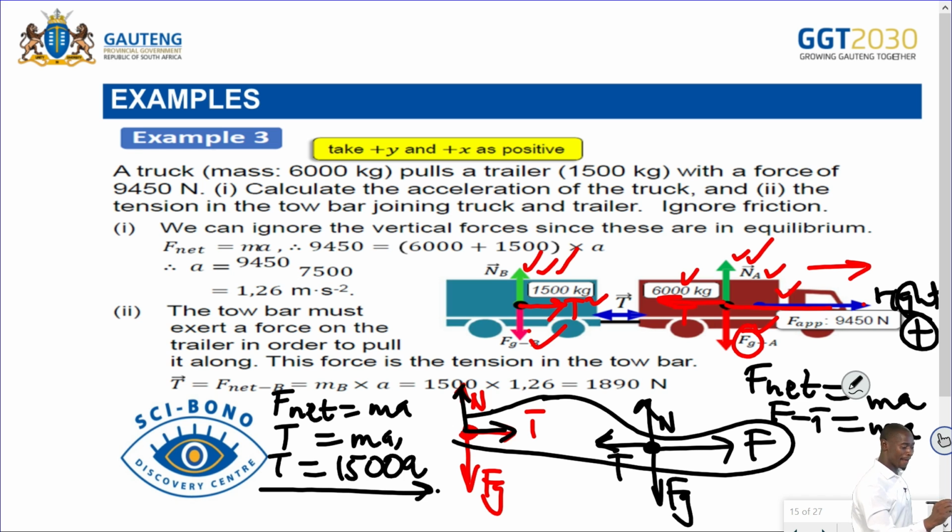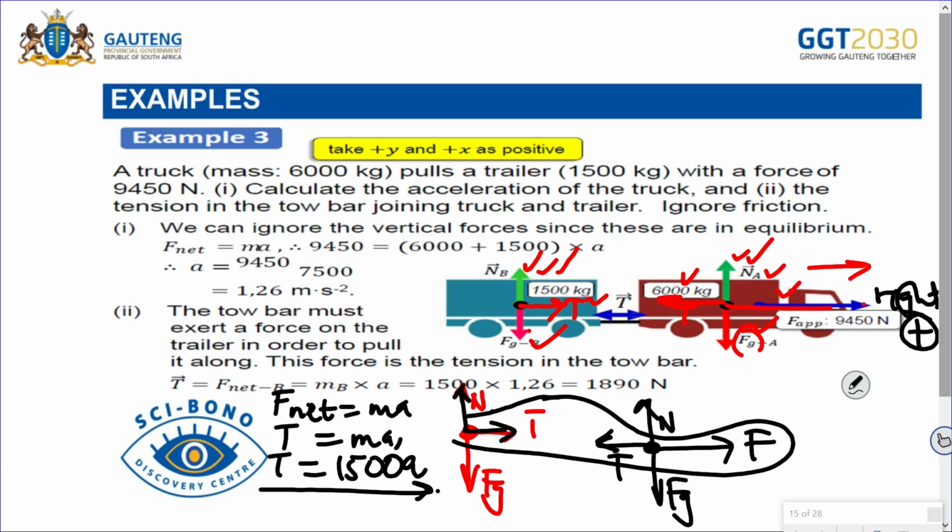I'm giving the magnitude of force, it's 9,450, right? Okay, minus T equals, what is the mass? It's 6,000. So 6,000 A. So this is equation 2.